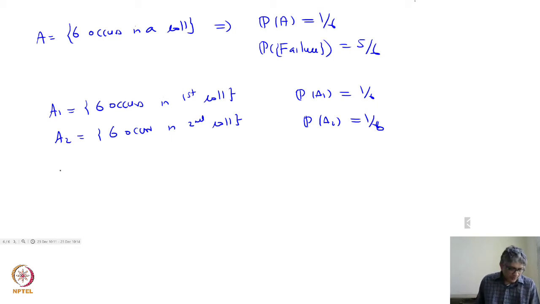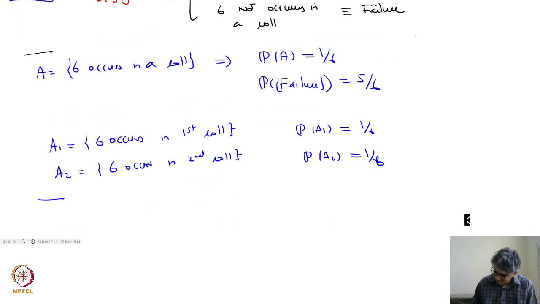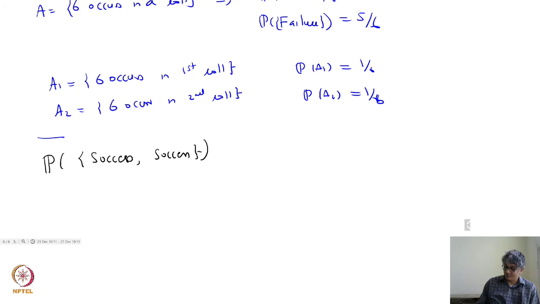So now I do the following. I remodel this whole thing as a success failure experiment. That's what I'm trying to do. So I look at this. I have 2 trials now. So one possibility is success and success. Each row I have success in both.